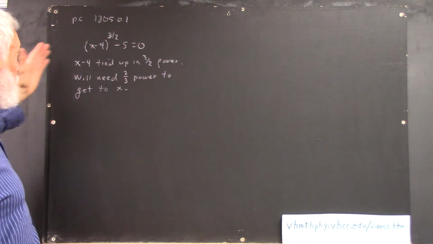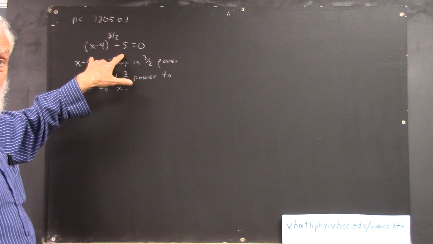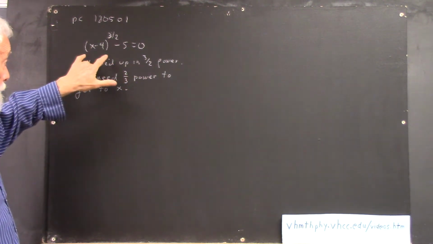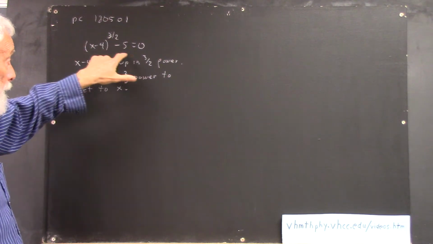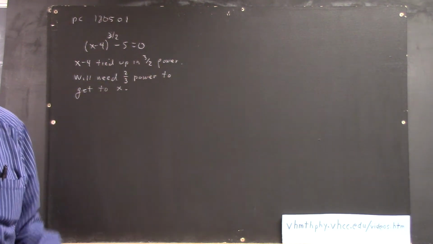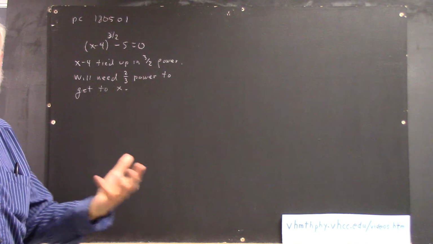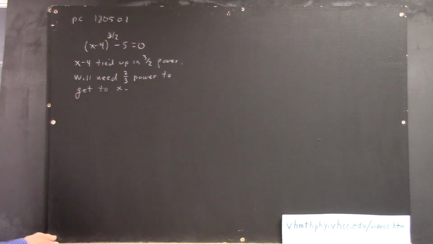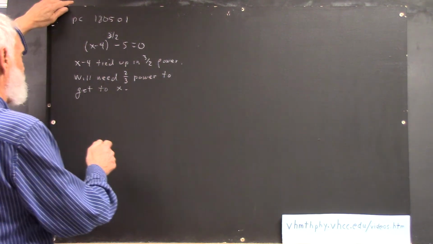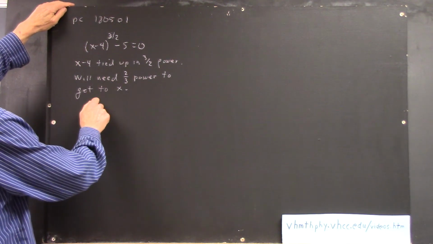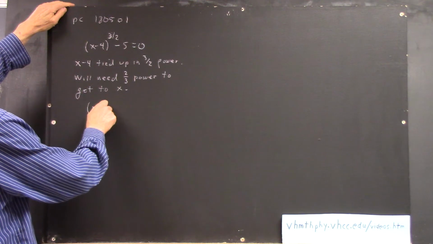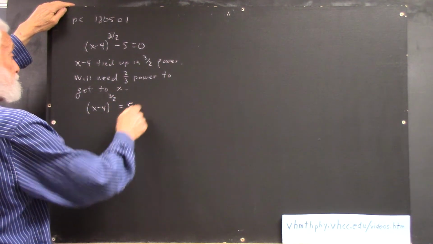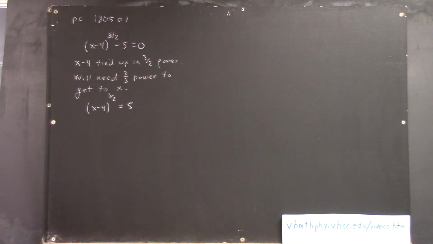Because if we try the 2/3 power of the left-hand side, we can't separate that into the 2/3 power of this minus the 2/3 power of this. The 2/3 power is not a linear operation. So what we have to say is, let's get it into this form.